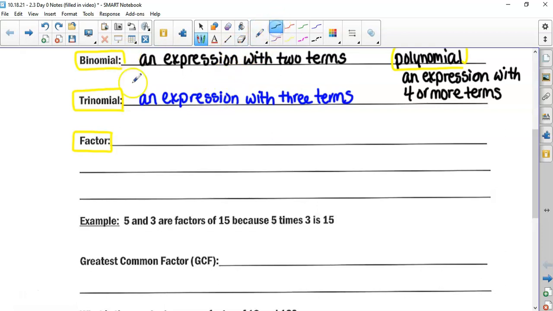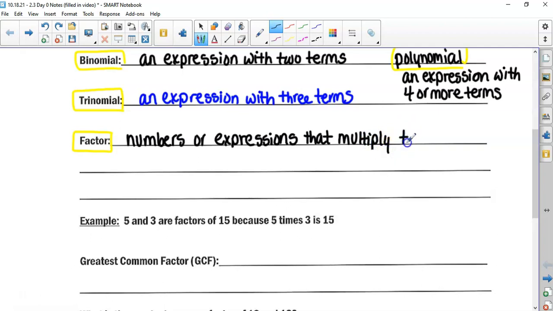A factor is a number, or factors are numbers or expressions that multiply together to get another number or expression.